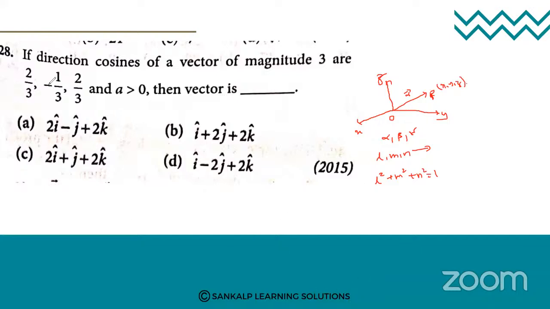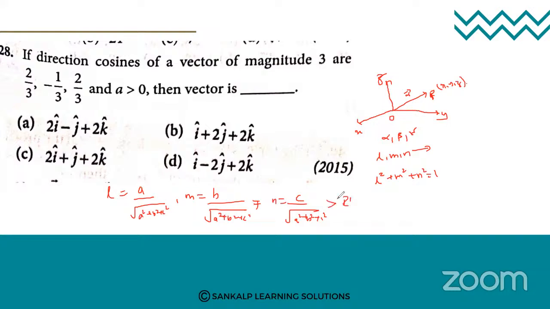Say 2/3, -1/3, and 2/3 is given, and we also know the relation between direction ratios and direction cosines: l will be equal to a divided by root of a² + b² + c², m will be b divided by root of a² + b² + c², and n will be equal to c divided by root of a² + b² + c². So this is the relation between direction ratios and direction cosines. Okay, so we will simplify this example. Pay attention.